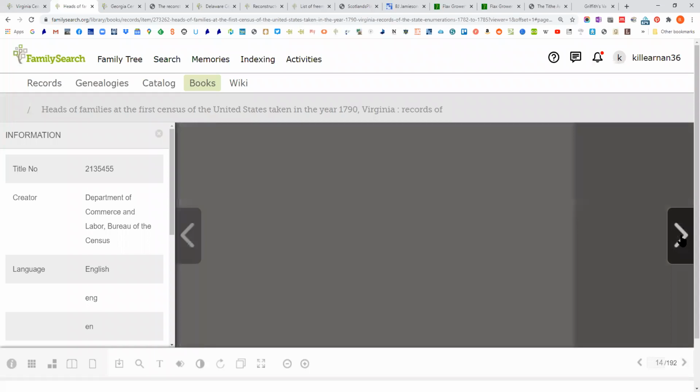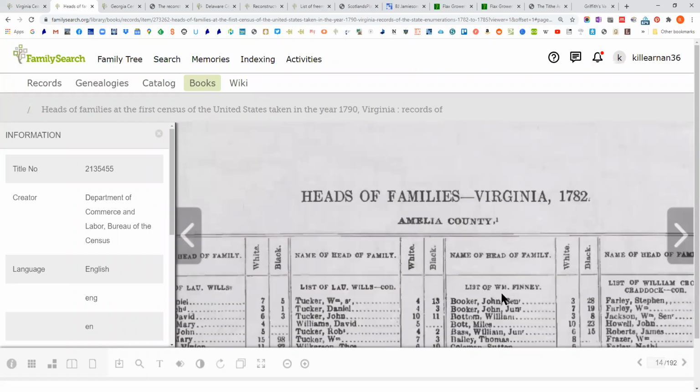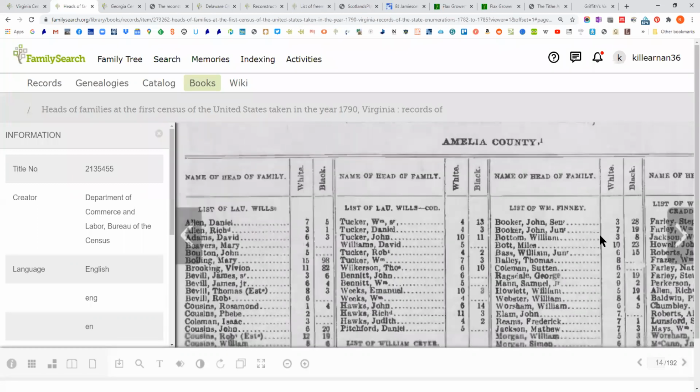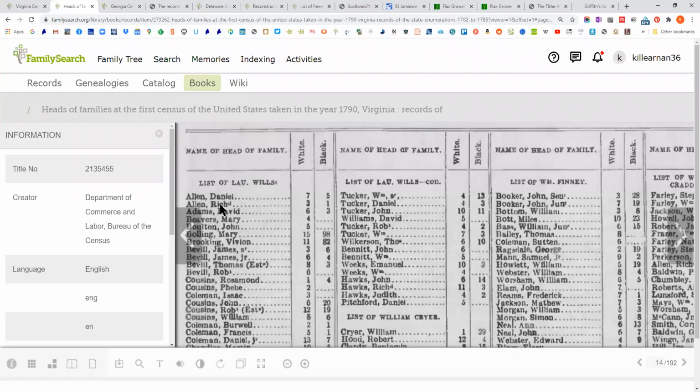So here's a list from Amelia County in 1782 that gives you just the number of people who were white and people who were black. That was the only breakdown. And so you can make some guesses about some of these.